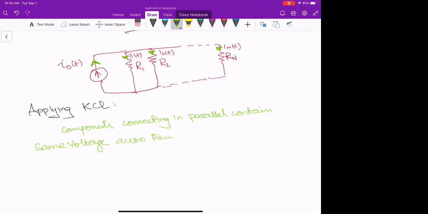So there is one node here that has the same voltage, right? So that's why it's easy to apply KVL. Oh, sorry, KCL.